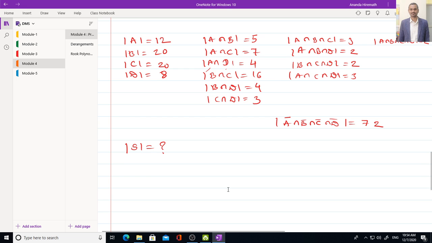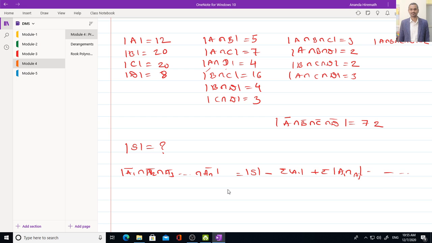Now what we can do is we can apply the formula, which is A1 complement intersection A2's complement intersection A3's complement, and so on up to say An, equals cardinality of S minus combination of one element plus then combination of two, Ai and Aj, and so on.